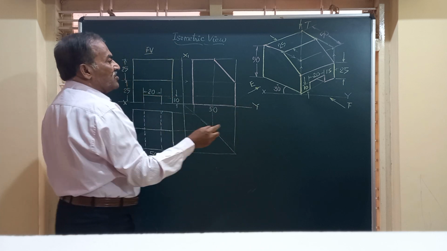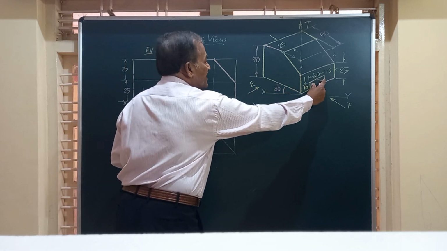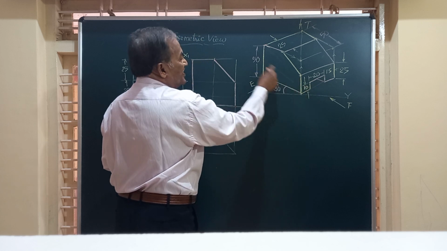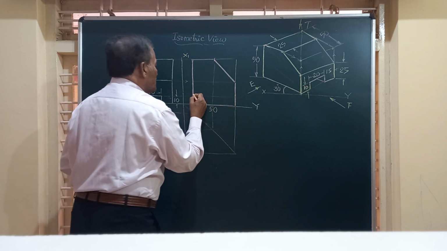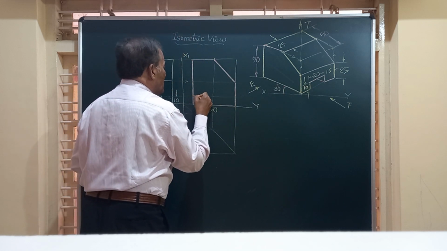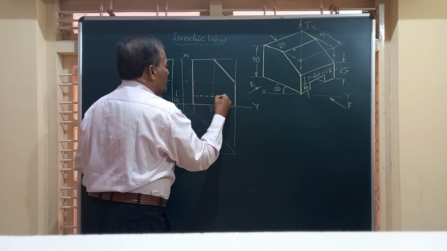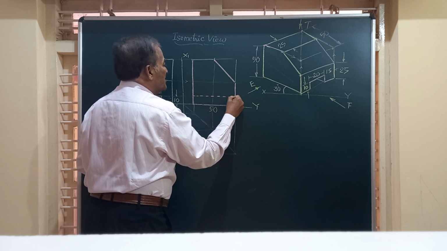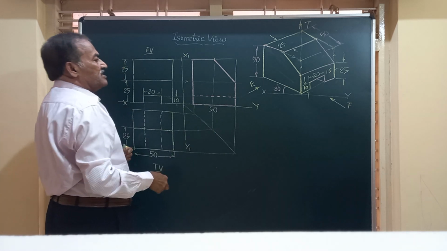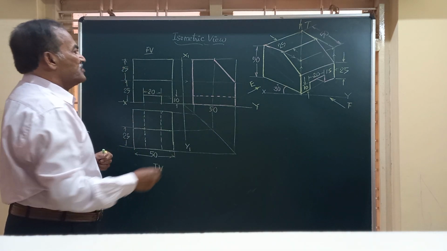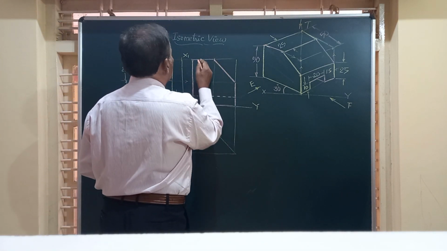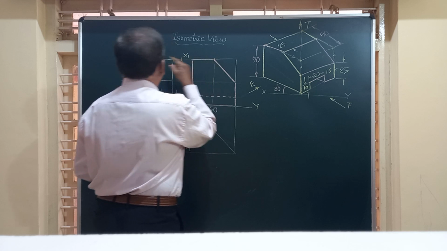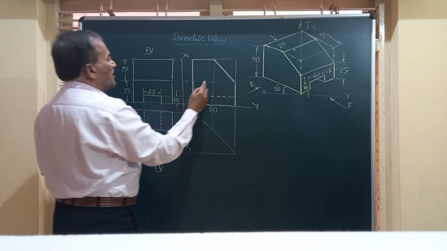And friends, here this slot is there of width 20 and depth is equal to 50. So throughout we have a depth, and friends, we show it by a dotted line since it is not seen from the end view. So friends, this is how we obtain the front view and the end view.